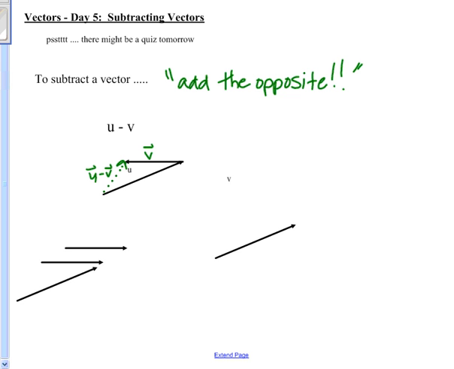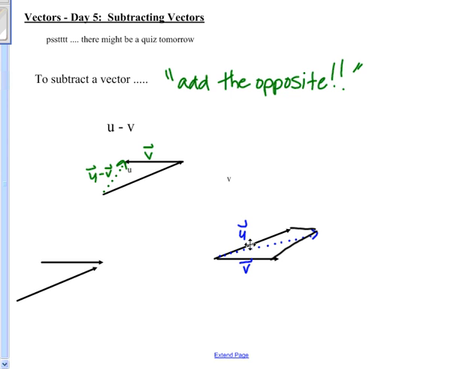This is another vector u. Here is another vector v. If we have vector u and vector v, and we were to add them, our result would be like that, where you have basically formed a parallelogram, and the resultant is the one diagonal.